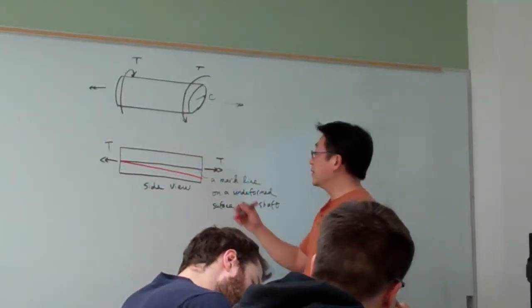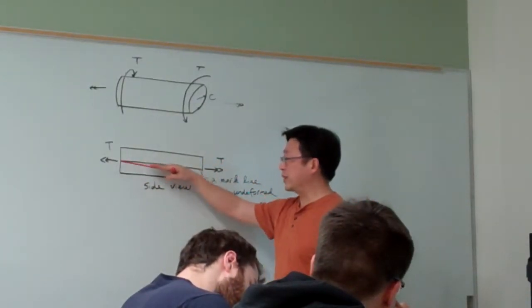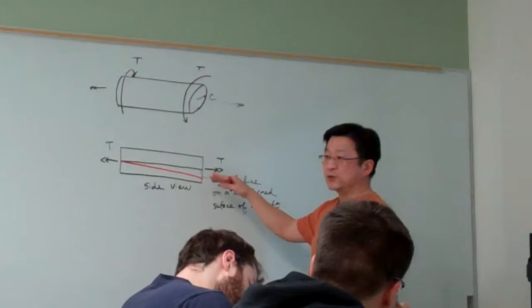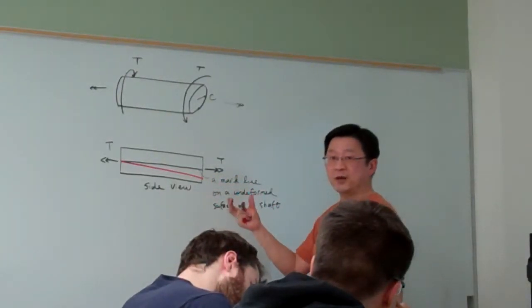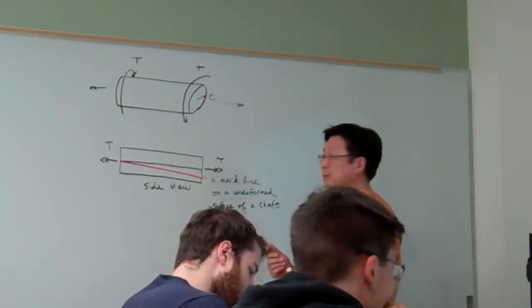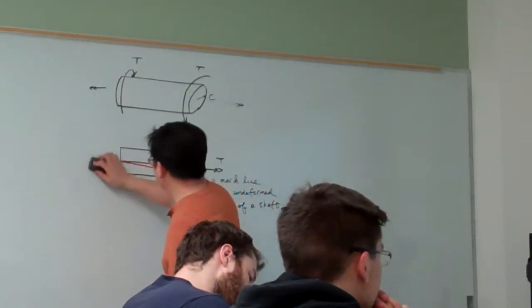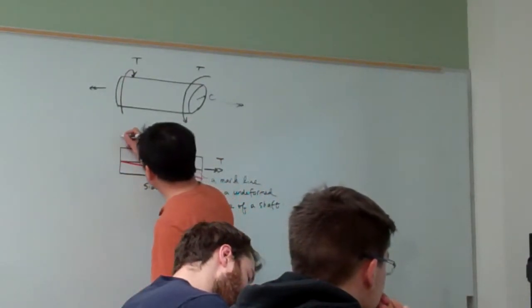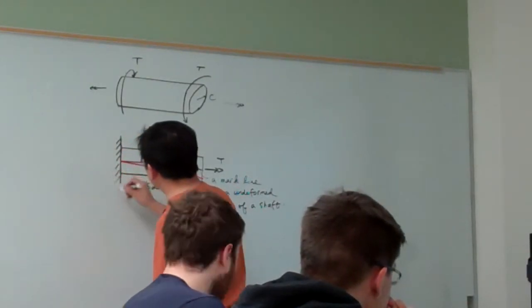Originally it is a straight line mark, and after deformation it remains a straight line. Those straight line properties are based upon our assumption: the rigid body, and any cross section will remain a rigid body rotation. For example, if this side is plunked against the wall, that would make this model more perfect.